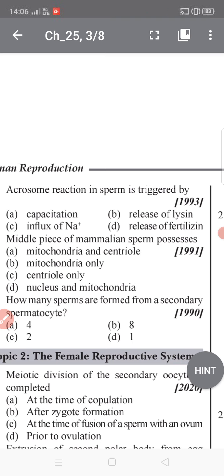The acrosome reaction occurs in the acrosome of the sperm as it approaches the zona pellucida.